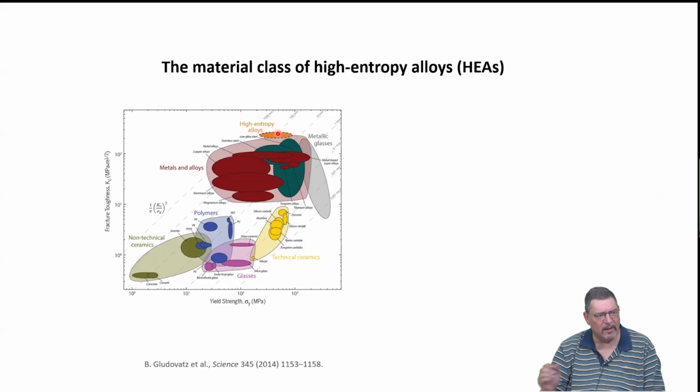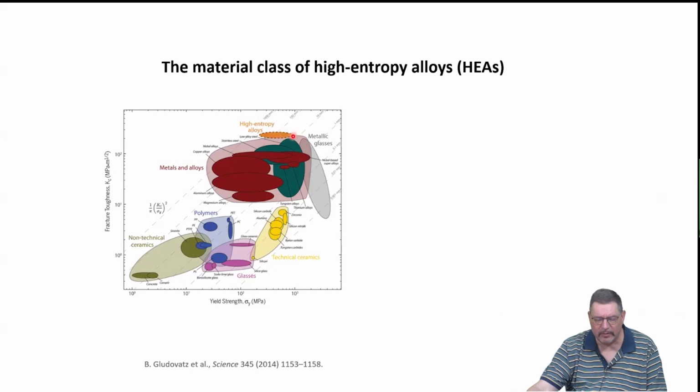What does it mean? It means you can have a material that has rather large yield strength. This is what we often want, because we can save weight and still get sufficient structural stability. And it has high fracture toughness, and that is actually the important quantity if we want to design a material which has to withstand mechanical stresses.